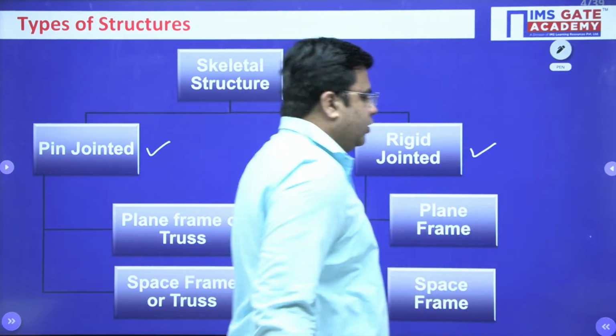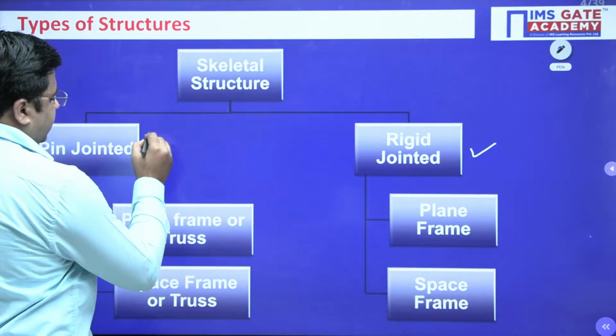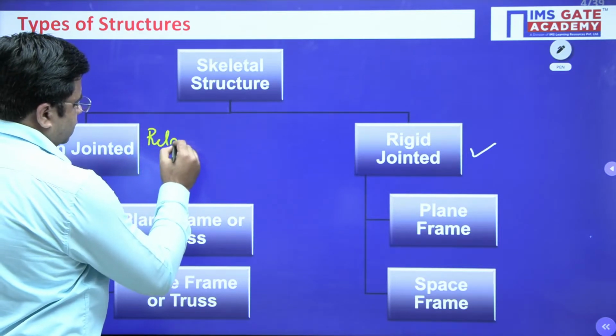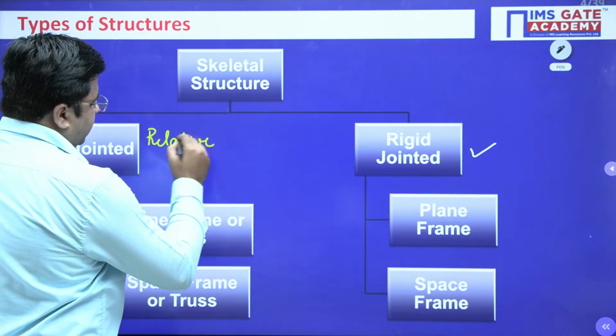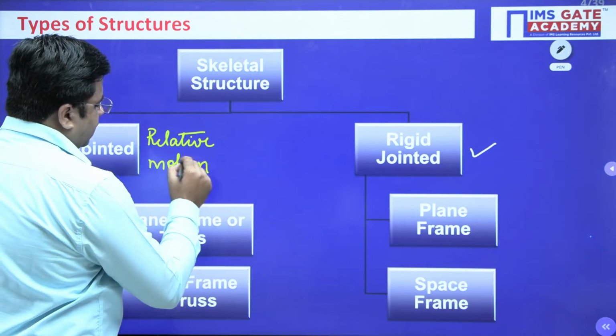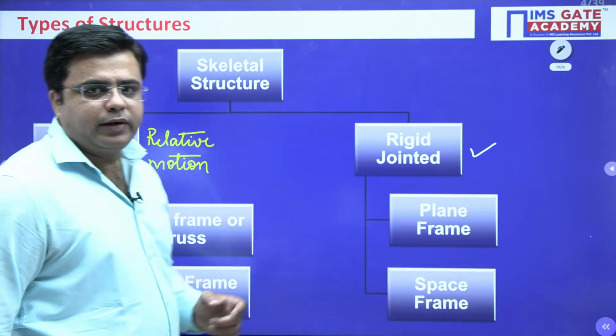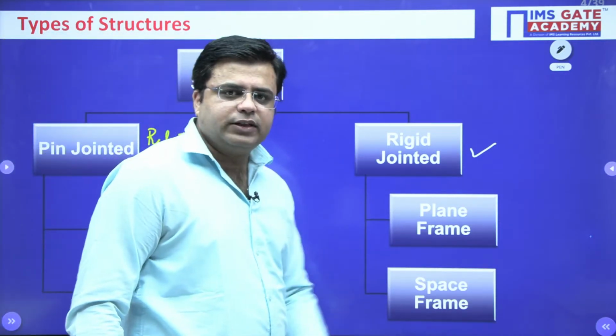As I have already told you, for a pin jointed structure, there will be a relative motion or movement between the members which are connected using the pin.